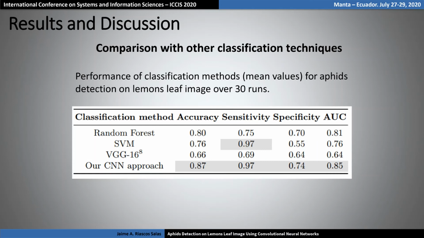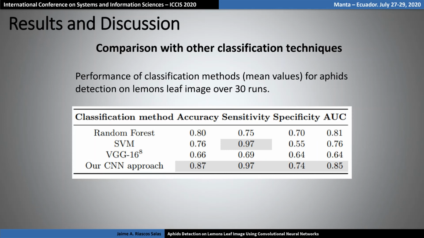Our approach obtained the best mean values, showing a sensitivity in recognition of positive images, meaning aphids, equal to 70%, while concerning the ability to identify the negatives, meaning healthy, it showed a specificity of 74%. Note that SVM also has an excellent performance for aphid detection, meaning sensitivity, but it also degraded when healthy leaves should be detected.